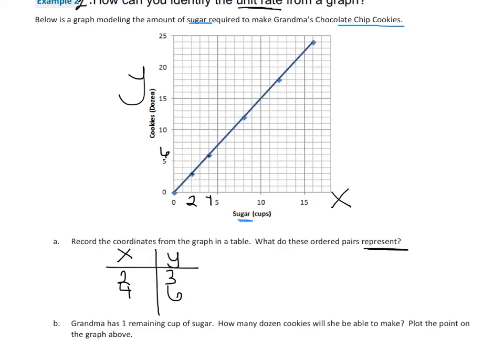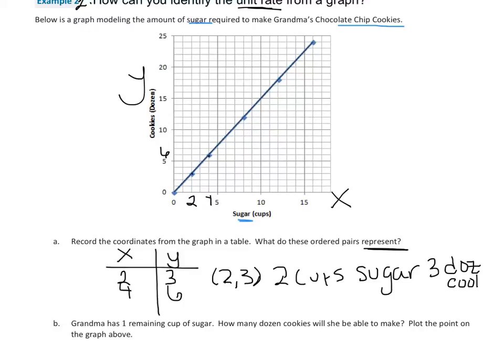Well, the (2, 3) represents 2 cups of sugar to make 3 dozen cookies. I'll have to write smaller next time.